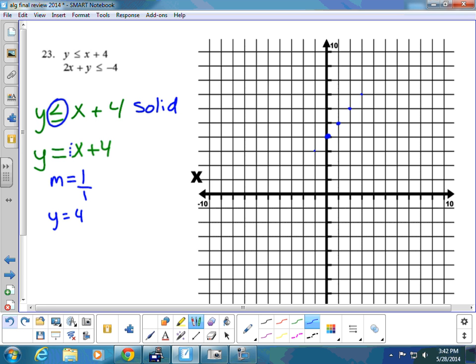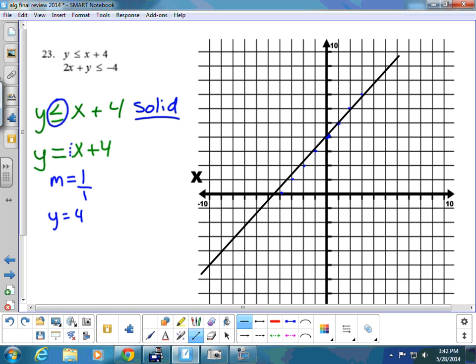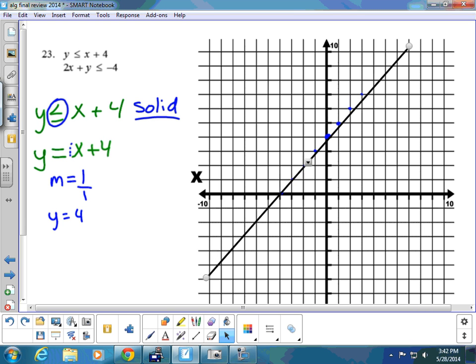So it's basically corner to corner on your graph paper. Again, it's a solid line, so I extend a solid line as far as I can on my paper, going through those points. You will have a straight edge on the final exam to make your line straight, and you're going to want to be accurate with these.